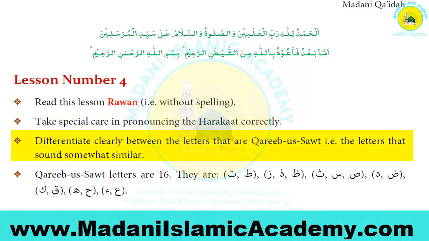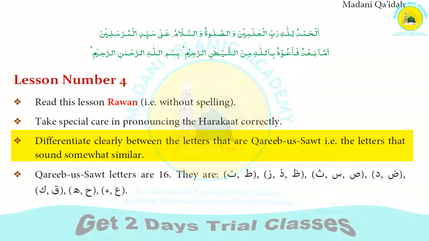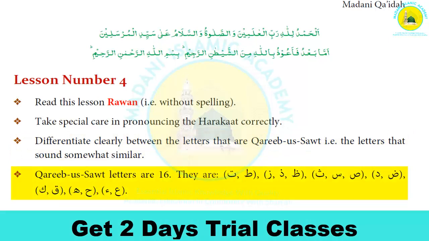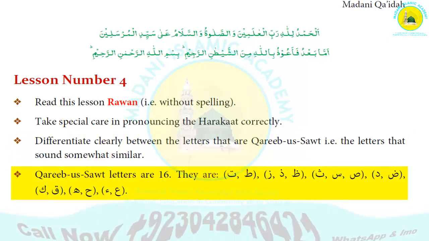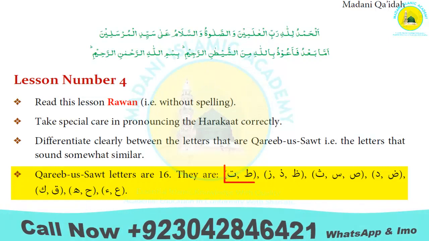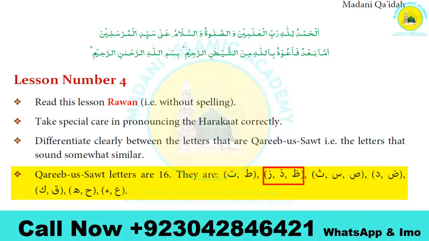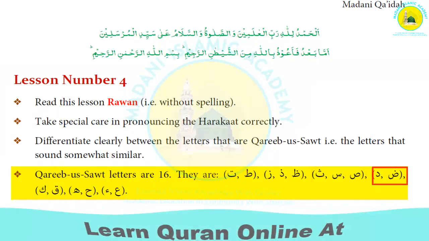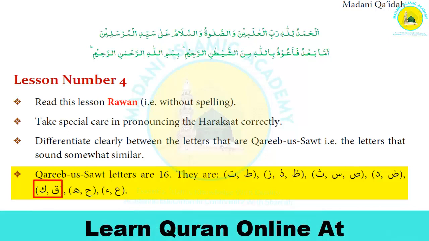Differentiate clearly between the letters that are qaribu sawt, the letters that sound somewhat similar. Now, the qaribu sawt letters are 16, and they are ta, to, z, dhal, zo, th, sin, saad, daal, daad, kaaf, qaaf, ha, haa, hamza, ayn.